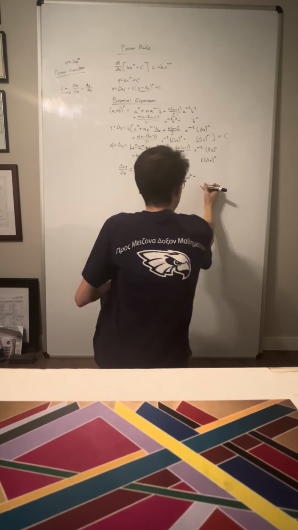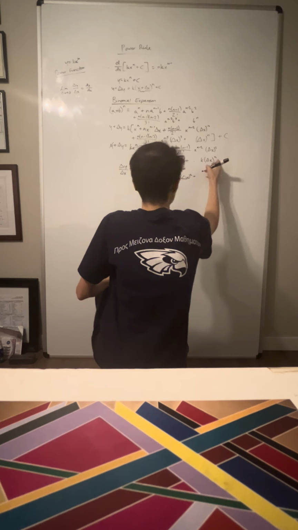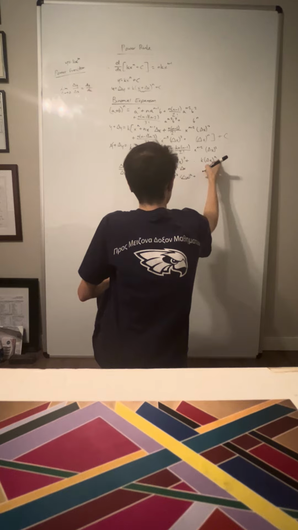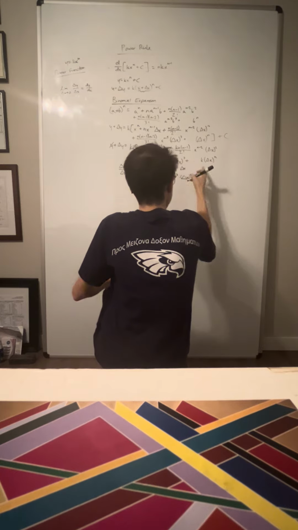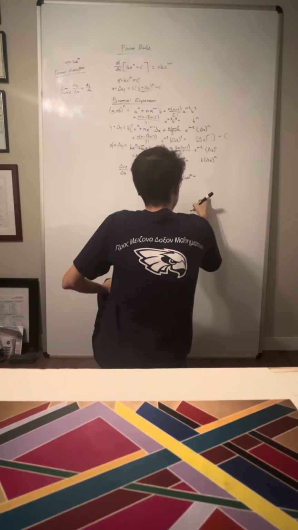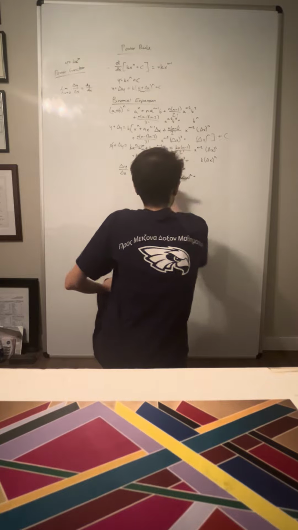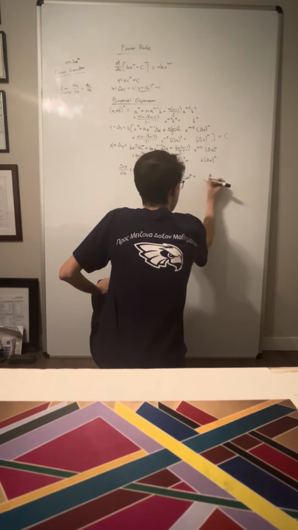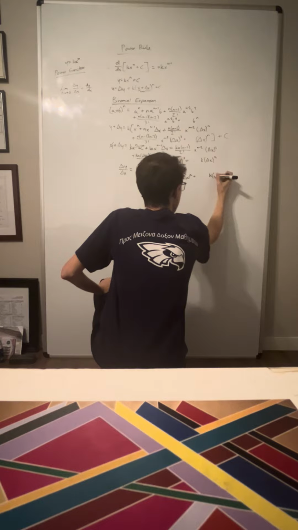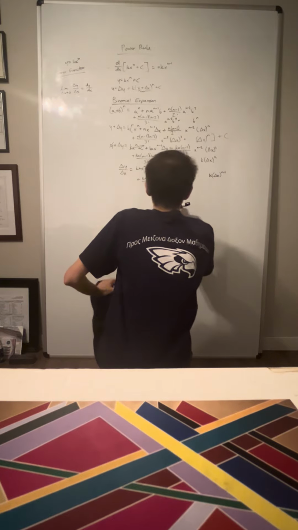And that goes all the way down to, notice we're taking 1 away from the last term here. So k times delta x to the n divided by delta x is going to be represented as k times delta x to the power of n minus 1.